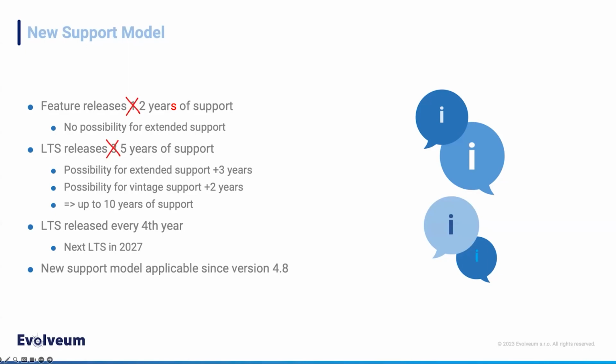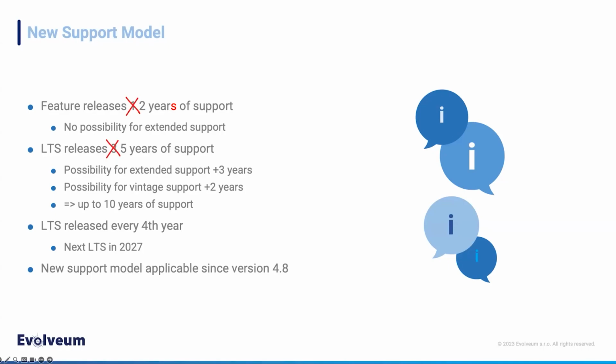Since it will take 1 year to come out with the new version, a length of standard support for feature releases of 1 year doesn't make sense anymore. Therefore, every feature release after MidPoint 4.8 will be supported for 2 years. Starting with MidPoint 4.8, every LTS release will be supported for 5 years.